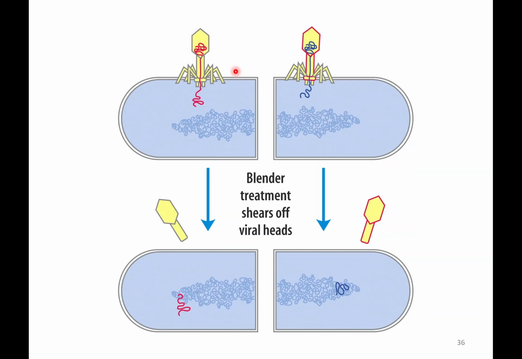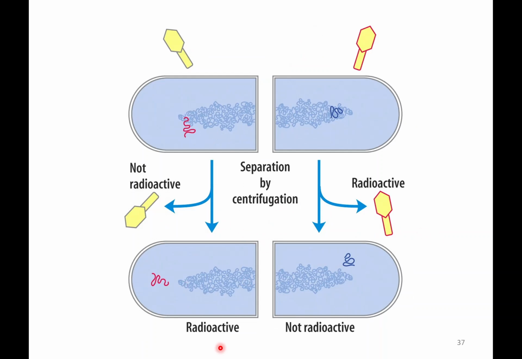Okay, so the viruses would infect the cells, and then they would treat the cells so that the remaining pieces of the virus would be taken away. At the end of this, the viruses that had been treated with radioactive phosphate transferred that into the cell, and these cells now were radioactive.